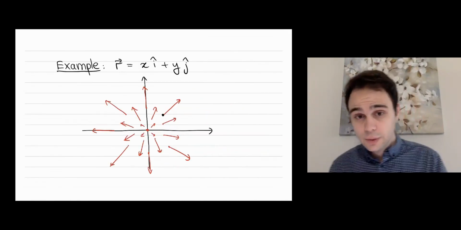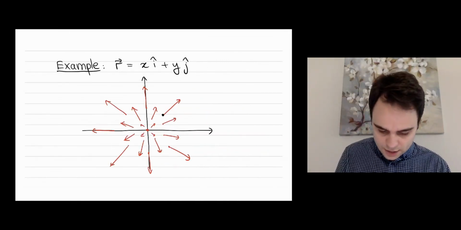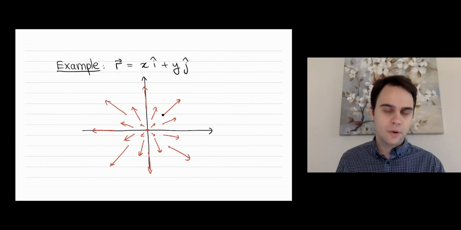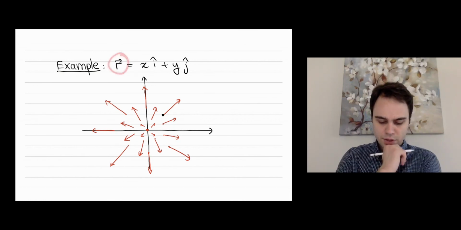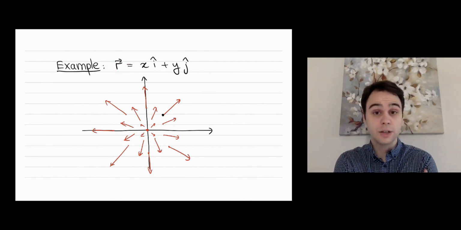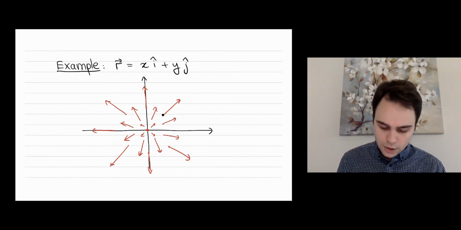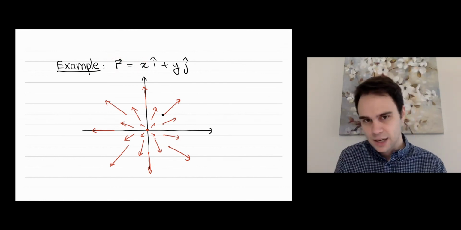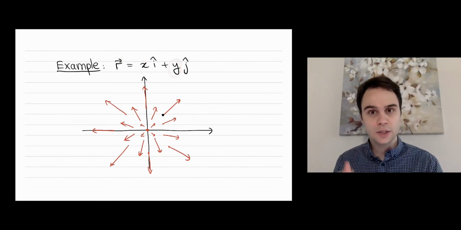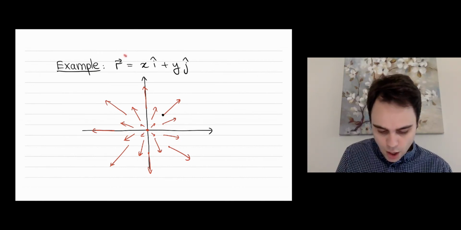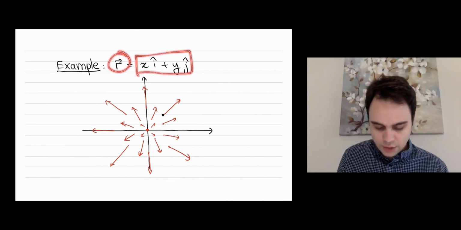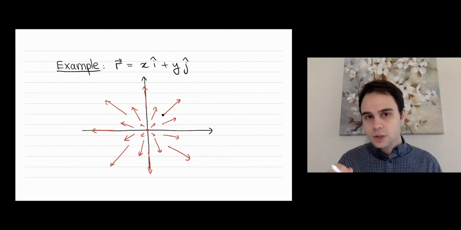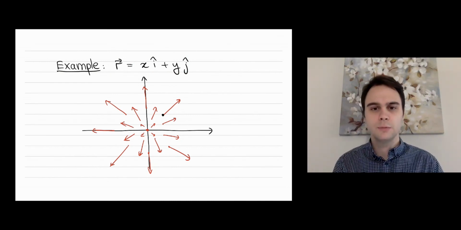Here's another example. I'm calling it R instead of F, and R is a fine name for a vector field too. The x component at a point x is x, and the y component at a point y is y. In other words, R at a particular point x comma y is just the position vector of that point.